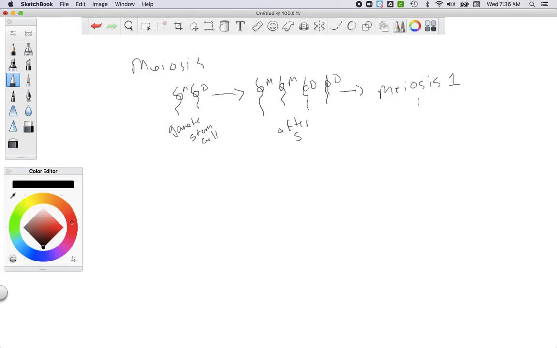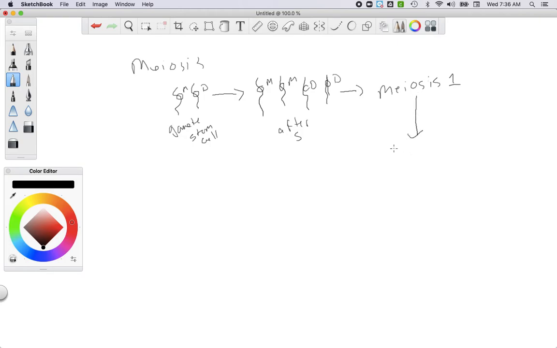In meiosis 1, that would undergo crossing over and all kinds of other things, which don't form tetrads. We don't need to worry about that if we're only looking at one phenotype, one gene. We will in a minute when we look at 2.